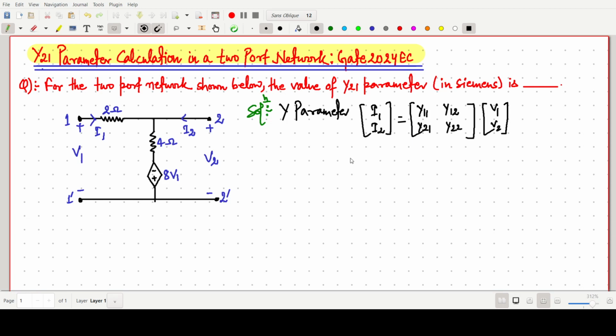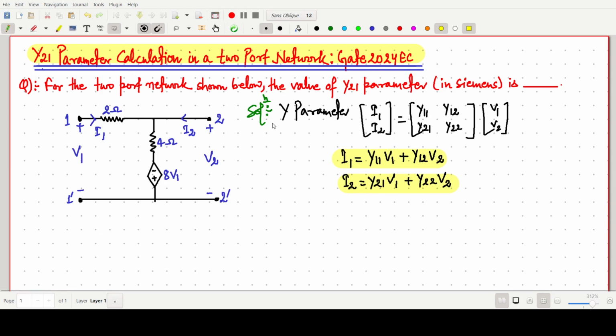If you break this matrix, we can easily write I1 equals y11 V1 plus y12 V2, and I2 equals y21 V1 plus y22 V2. If you know this matrix, we can easily solve the problem.